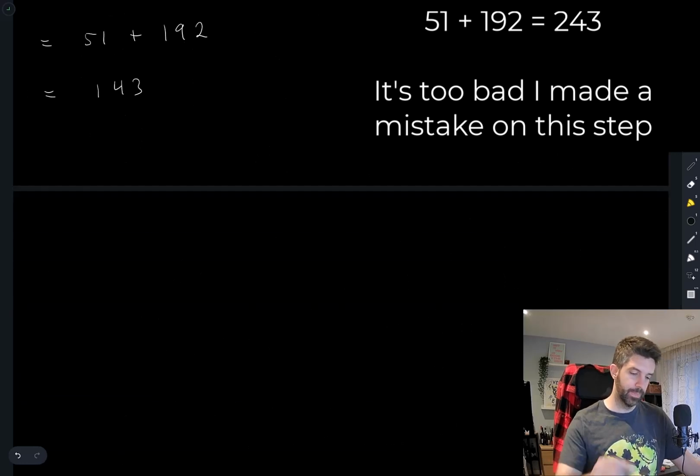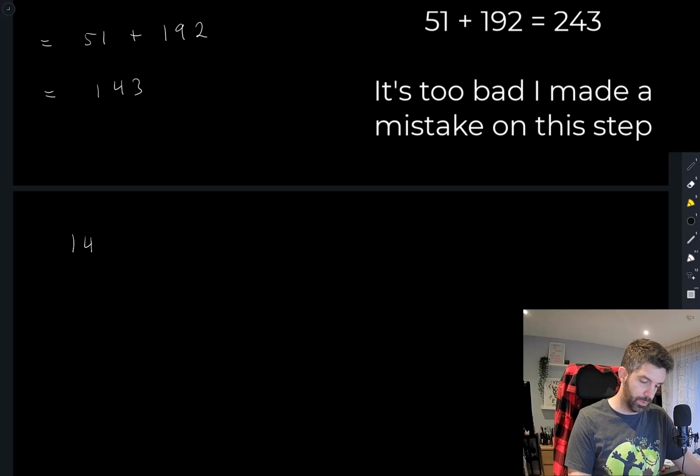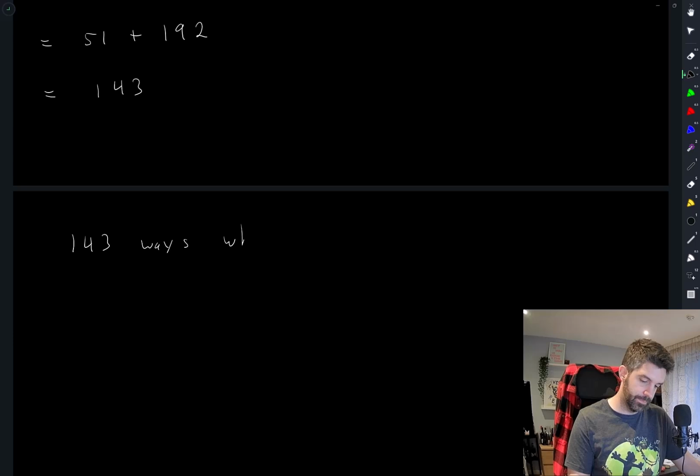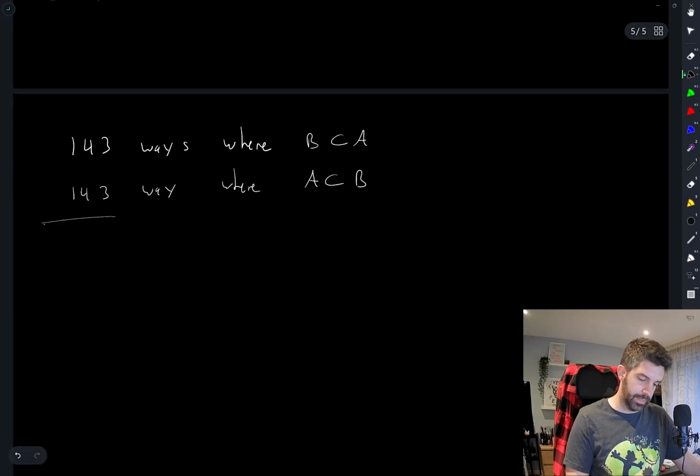Okay. Now we multiply that by 2 because there are also 143 ways where B is a subset of A, and 143 ways where A is a subset of B. So that gives us 286.